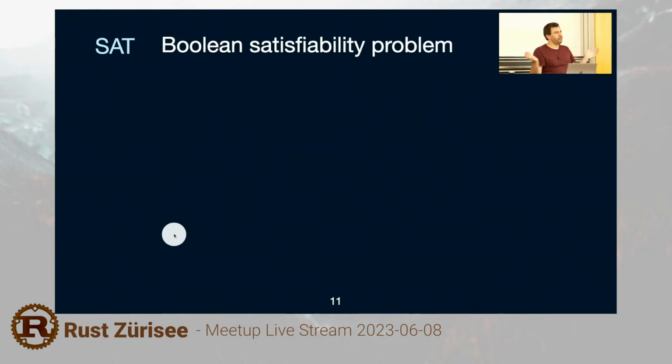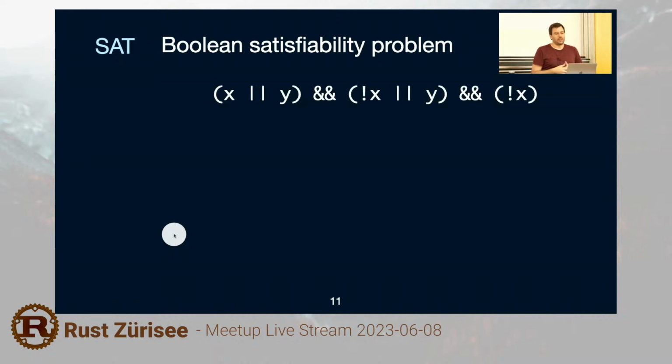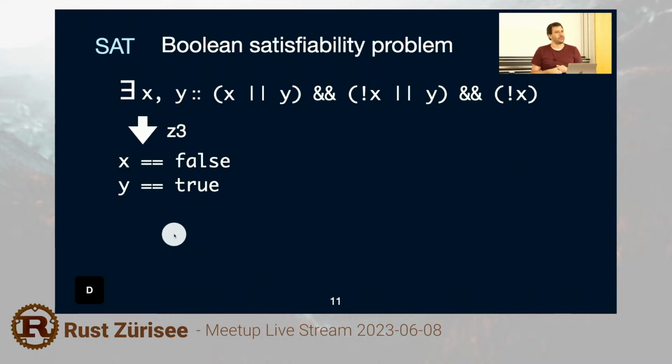So you may be familiar with SAT, which is Boolean satisfiability, which means you have an expression, and you're asking yourself, does there exist an assignment of x and y such that that expression is true? And you could do this by hand, or you could grab Z3, which is a very powerful and often used SMT solver.